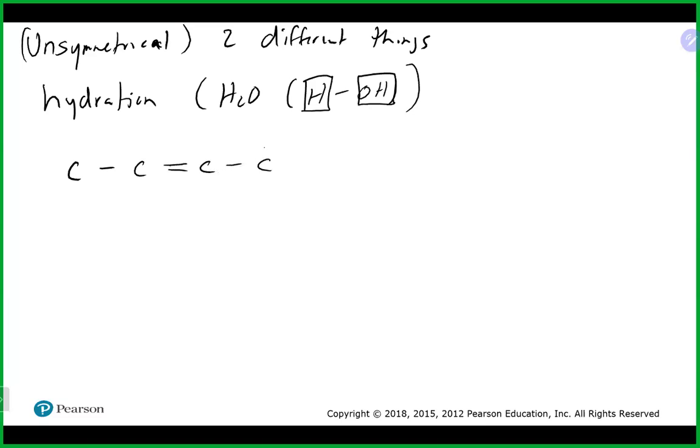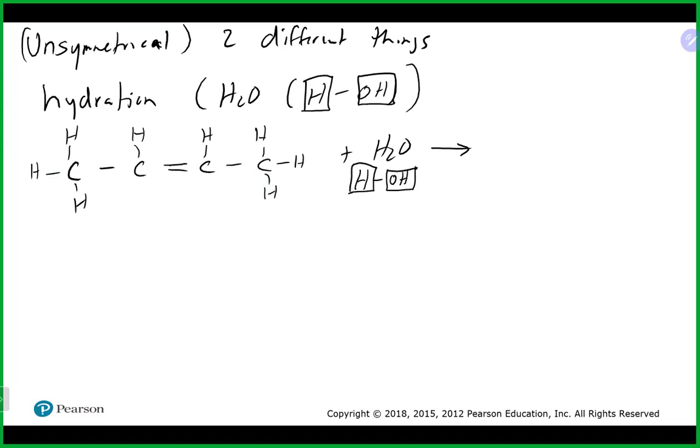we'll do one more for now. And let's say we did add water to it in a hydration reaction. Once again, this is essentially how water is added, OH and H. Nothing much changes from the other.